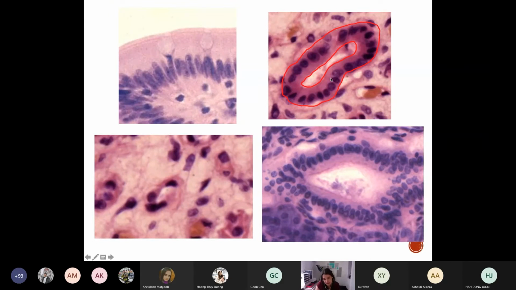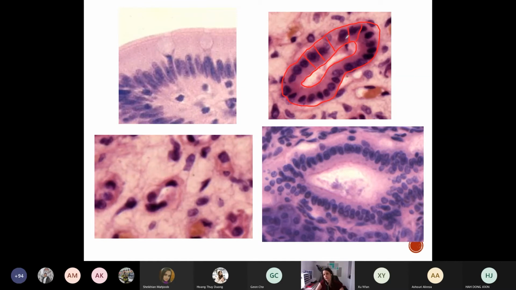How can we assume it? We have to draw a line in the middle between two nuclei. This is where the cell borders should be approximately. So here, here, and so on. These are the cell borders approximately.